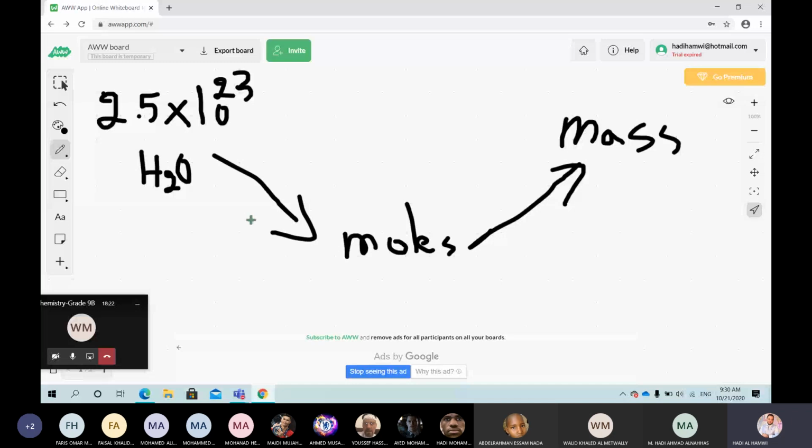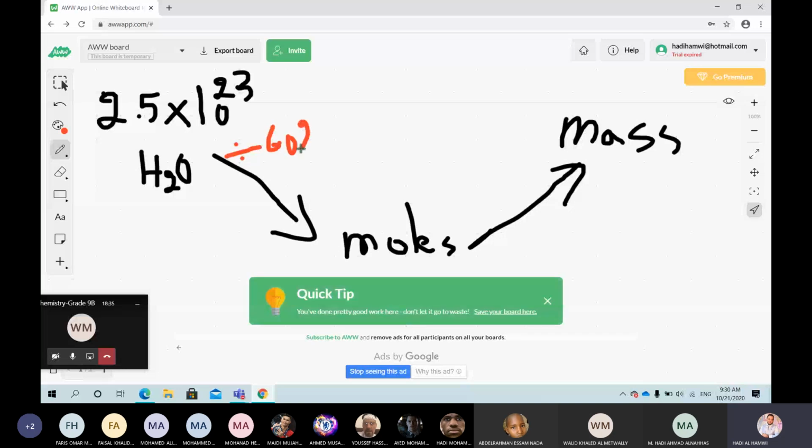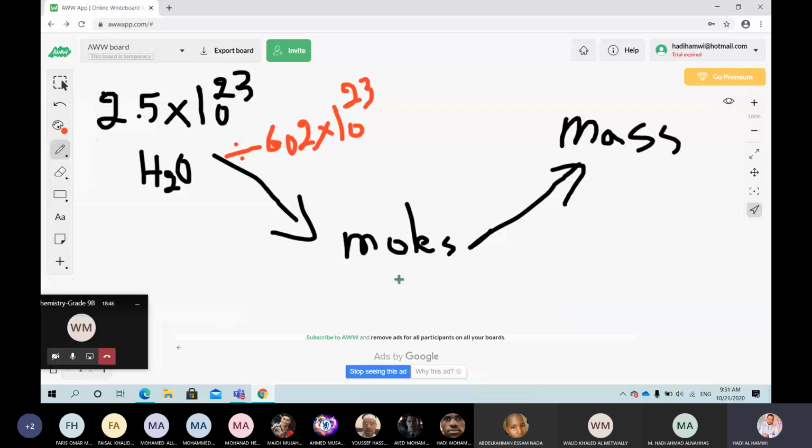Here I will divide by Avogadro's number, which is 6.02 times 10 power 23. So I will find the number of moles here. After finding the number of moles, I will find also the molar mass, and I will find the mass by the rule: mass equals moles multiplied by the molar mass.